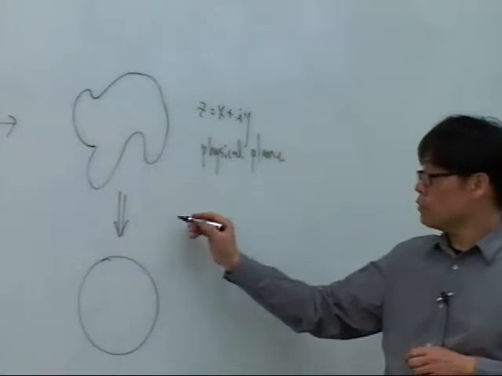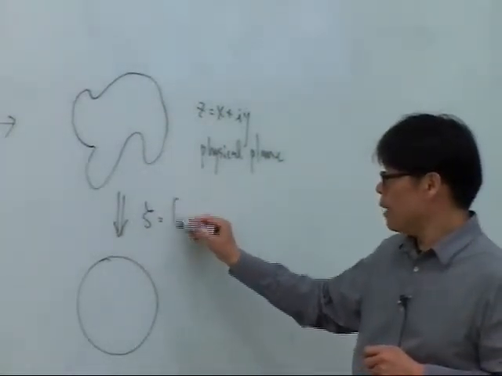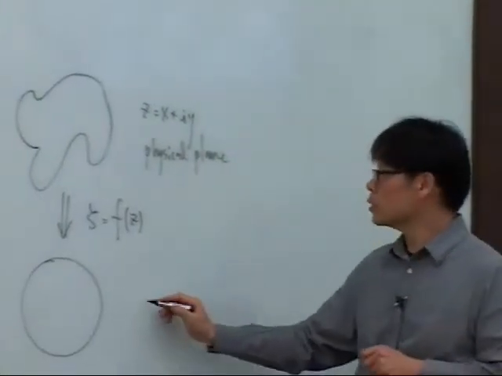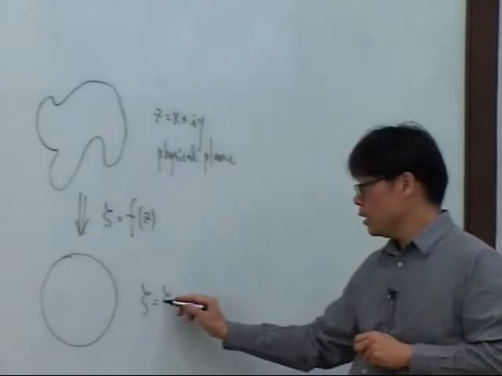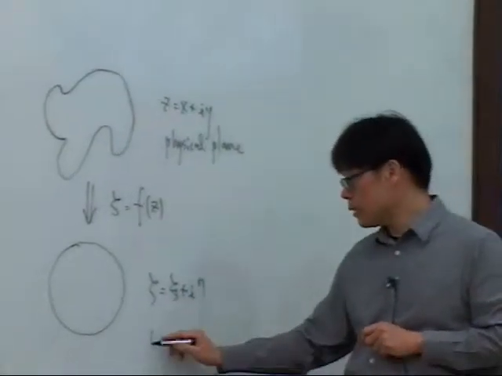And so sometimes, I can find a mapping going from z to a zeta plane. So this is the zeta plane, xi plus i eta. And this is a mathematical plane.